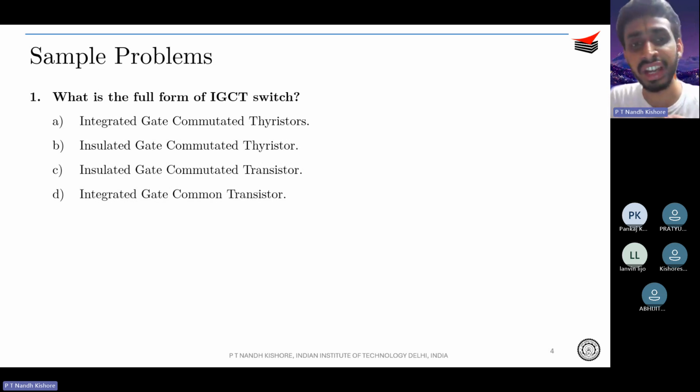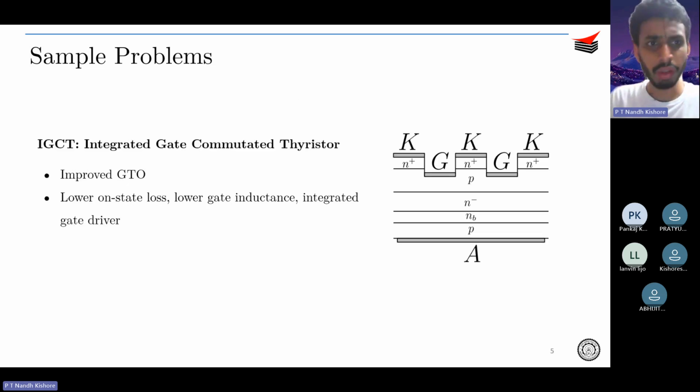So one thing is you can have an integrated gate, right? So what is the advantage of having an integrated gate, or what is an integrated gate? The structure of an IGCT is something like this. It may not be that clear to you, but over here, the gate is integrated into the device itself, right? Generally, if you take MOSFETs as an example, when you supply the gate pulses from the microcontroller, that alone is not enough to drive the device.